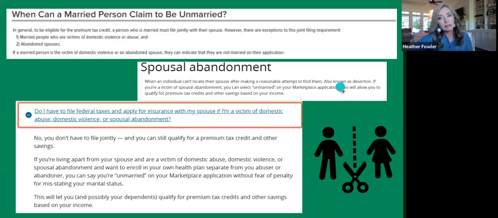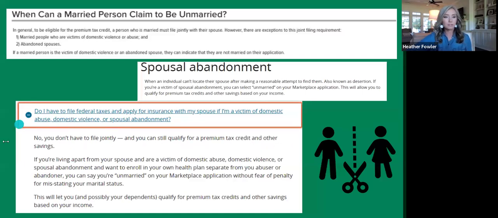And I just copied this information from healthcare.gov. This is the definition of the abandonment. When an individual can't locate their spouse after making a reasonable attempt to find them, they can select unmarried on the marketplace application. And that might make someone feel a little uncomfortable if they are married and you say, well, it's okay, we can mark unmarried.